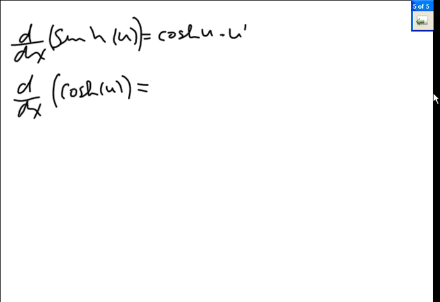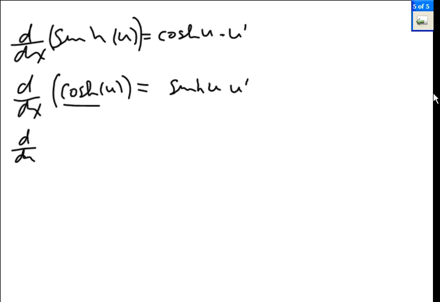Well, the derivative of cosine of u is negative sine of u times u prime. So you might think the derivative of cosh of u will be negative sinh of u times u prime. But it isn't. No minus sign.